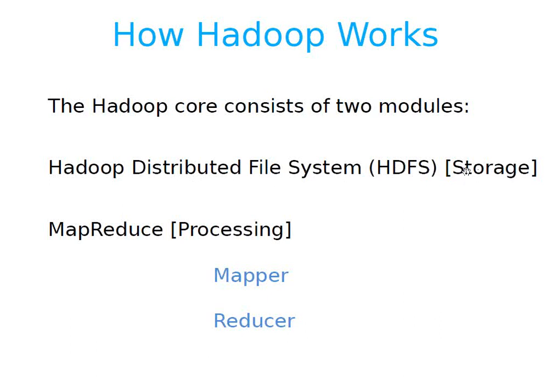This part takes care of storage of large amounts of data on your Hadoop cluster, and the second part, MapReduce, or you can say processing, takes care of processing of large amounts of data on your Hadoop cluster. As the name indicates, MapReduce is made up of two words: map, or mapper, and reduce, or reducer.